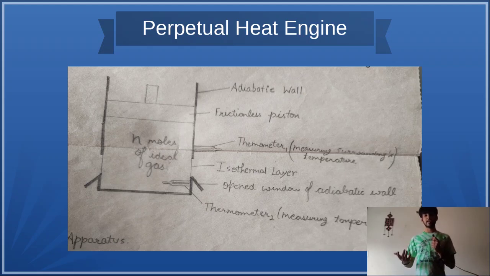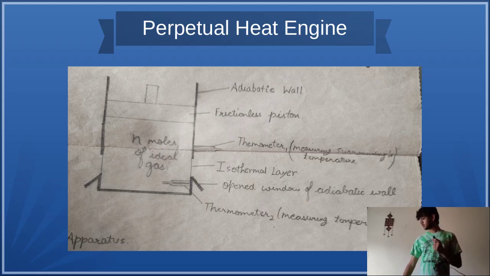If you don't know what adiabatic is, it is a kind of material that prevents heat exchange between the environment and the system. So adiabatic ensures that there is no heat exchange between the system and the surroundings. Now, here we have a small window that can be opened to expose this isothermal layer.